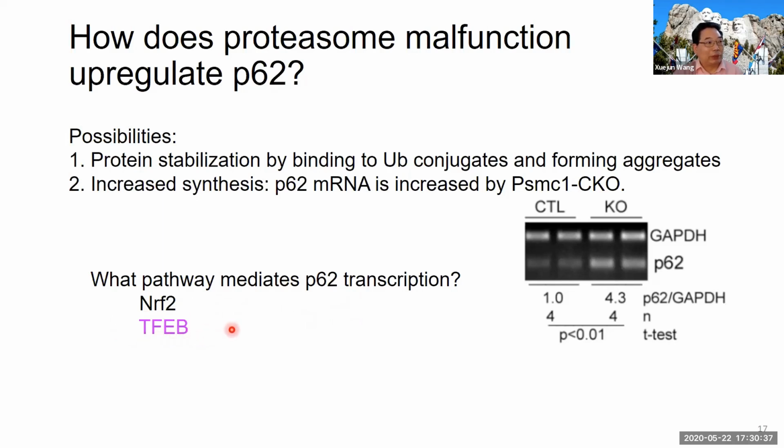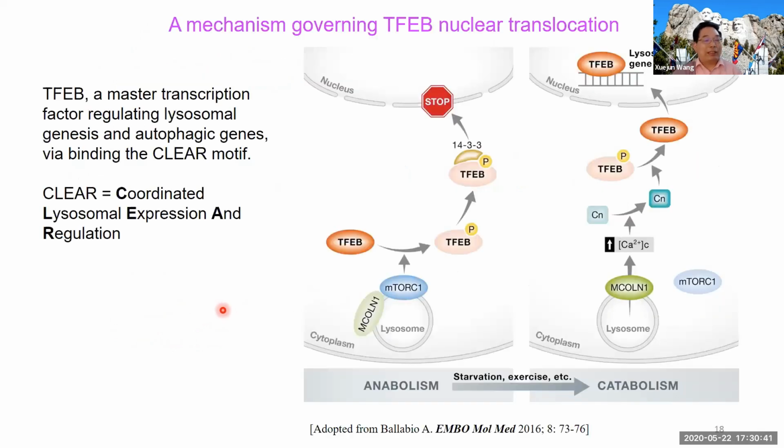the transcription factor EB, which is a known master transcription regulator of lysosomogenesis and autophagy genes as well. And the list keeps getting longer.